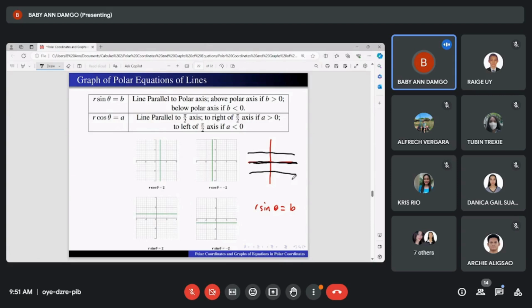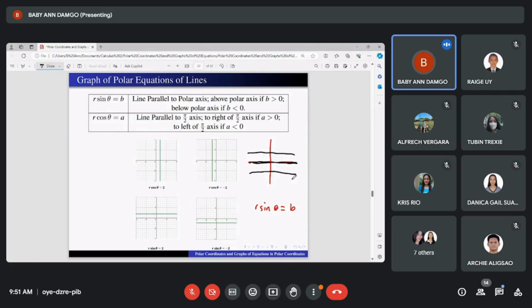But how do we pinpoint where exactly the graph is? The basis is the b. Okay? So, if r sine theta is equal to 2, its graph is at 1, 2. So, it intersects at 0, 2. Okay? So, it intersects at 0, 2. So, this is its graph.